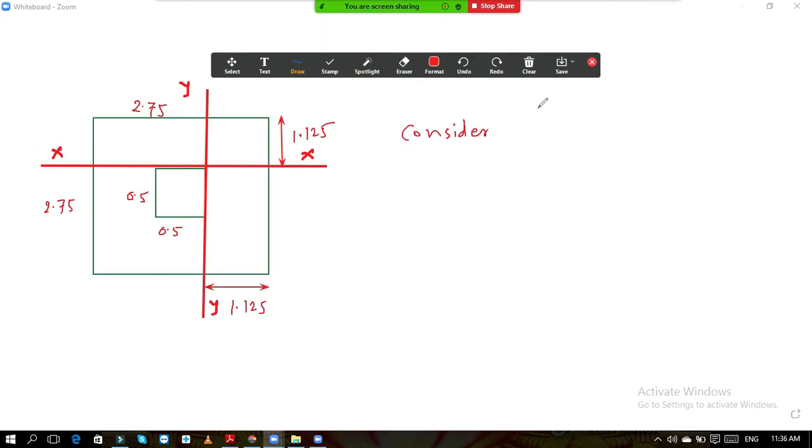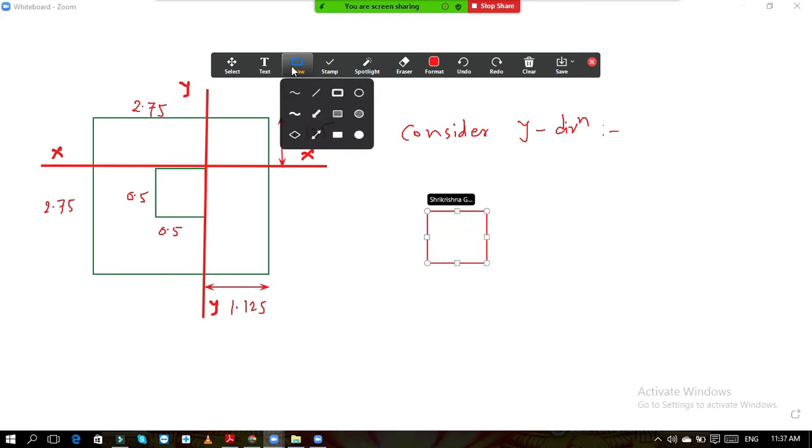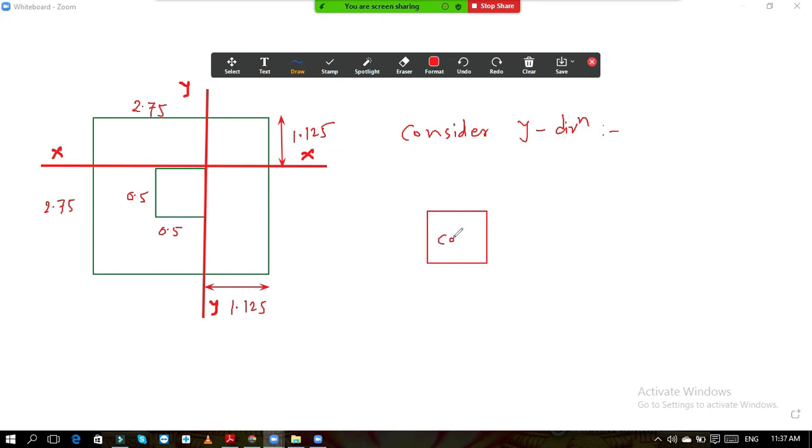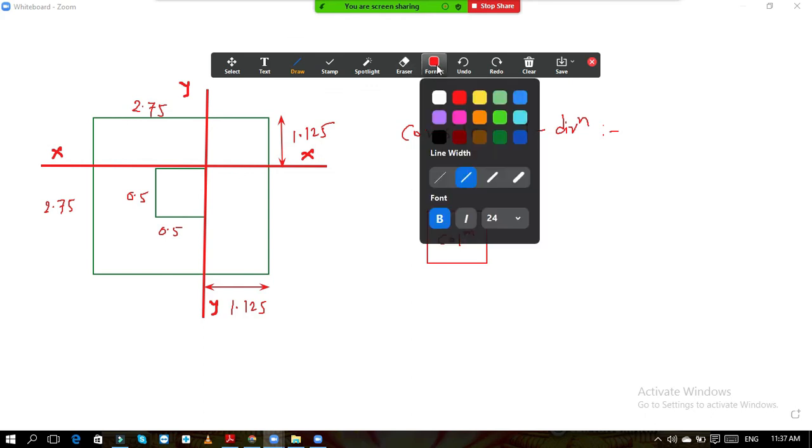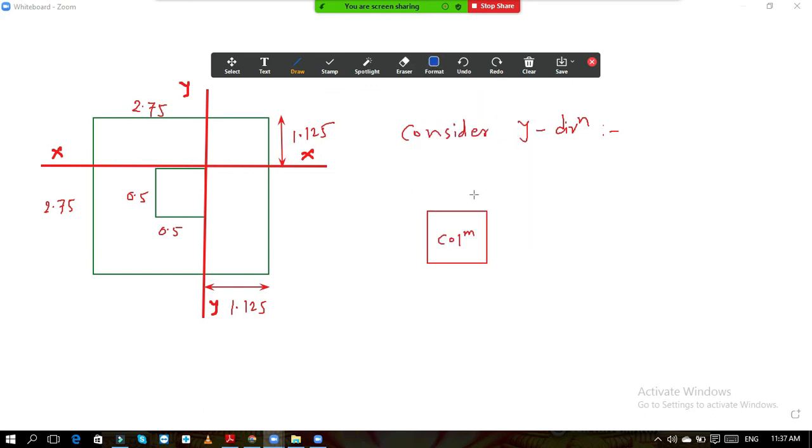Consider y direction first. You can go for x also. Now I will draw the diagram of y direction. See, here your column is there. This is column. Then your section is somewhere here.